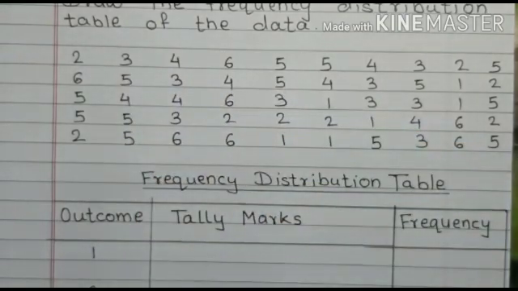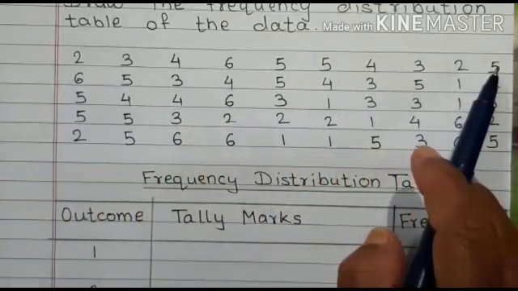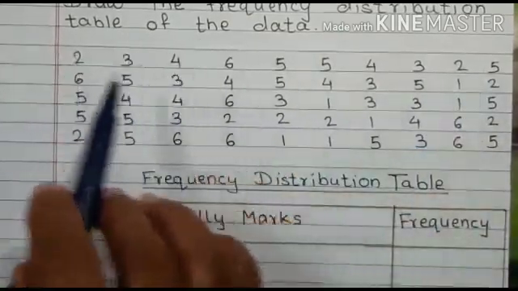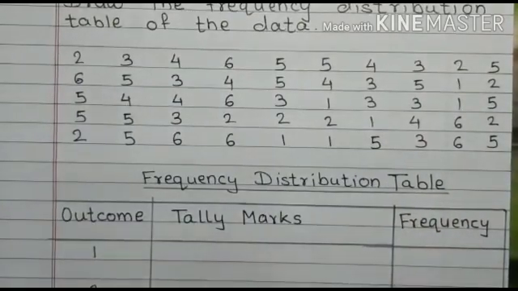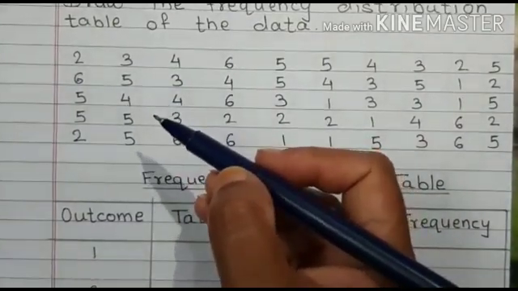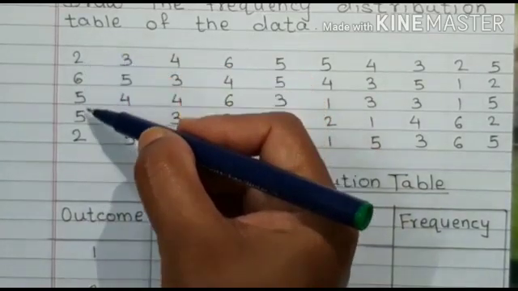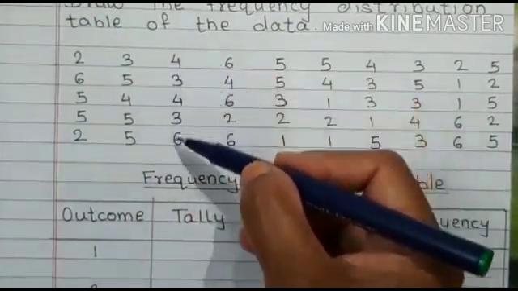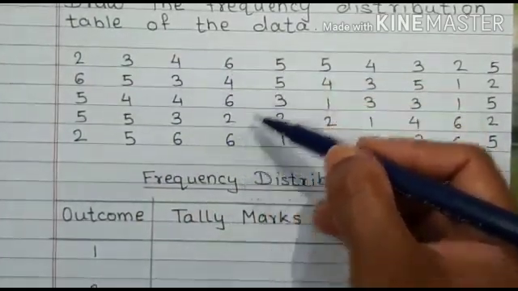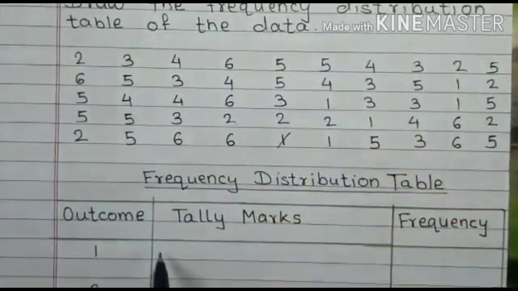When you move in the data, you have to move sequentially. Either you move column wise this way or you move row wise. I prefer moving column wise. I am finding for outcome 1. So if I move in this column, I do not find 1. Second column also there is no 1. Yes. First one I have found out.